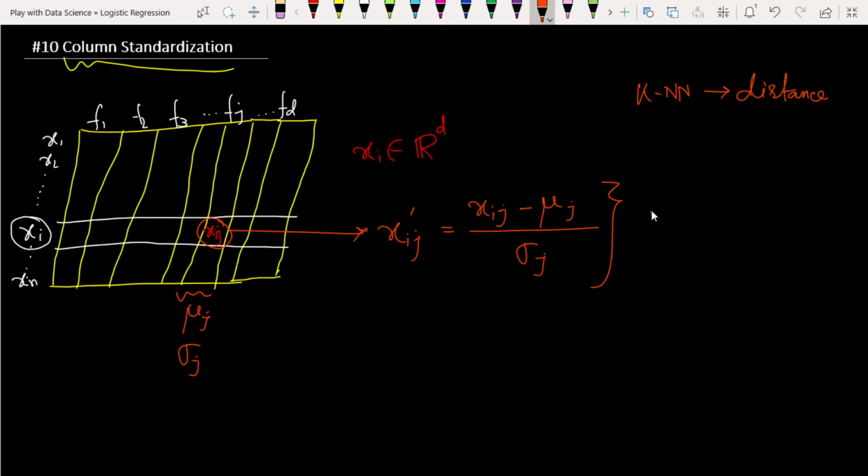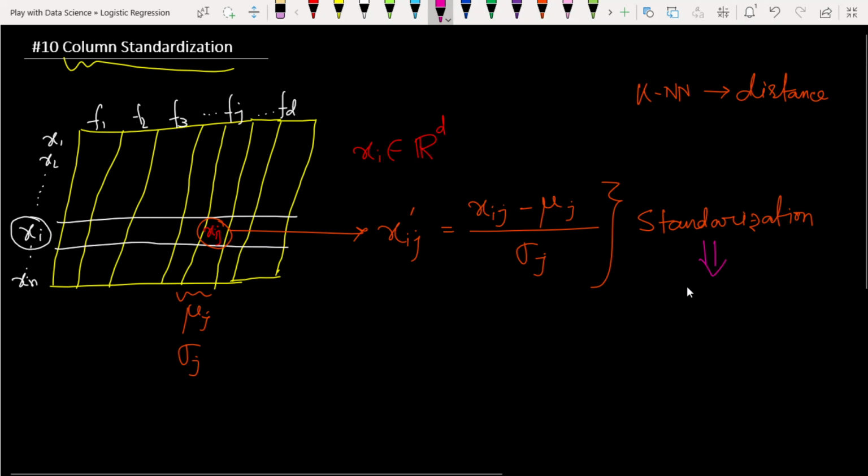This technique is called standardization. Another name is the mean centering and scaling technique.